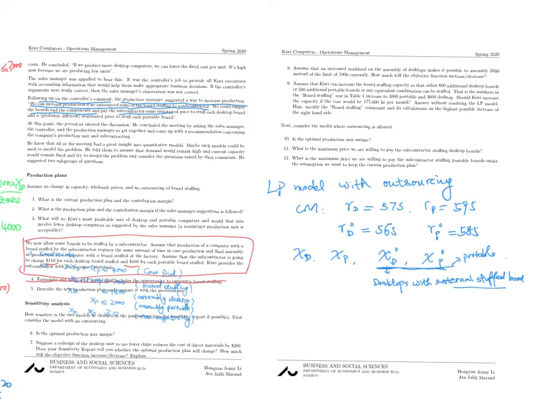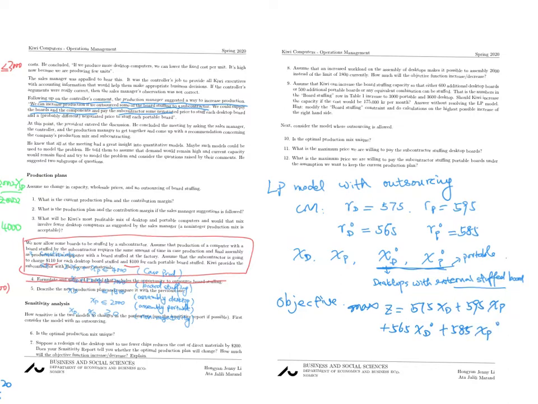Next step, we work out the objective function. We can write a new objective function: maximize zeta equals 575 XD plus 595 XP plus 565 XDO plus 585 XPO.